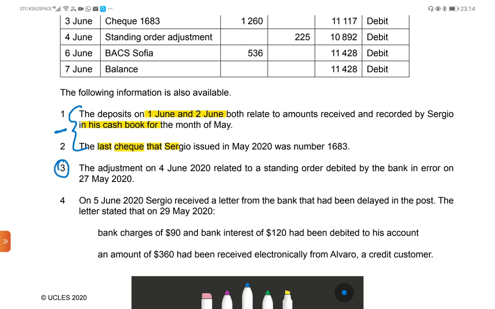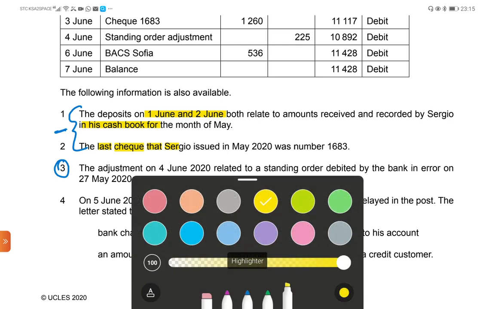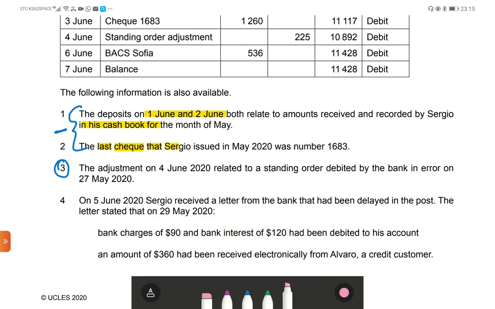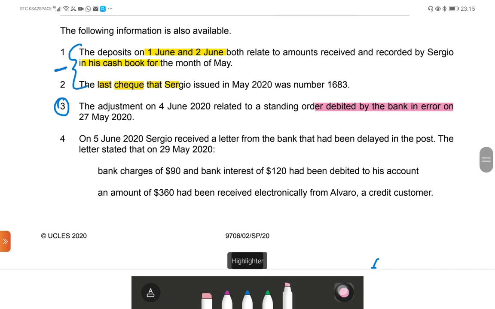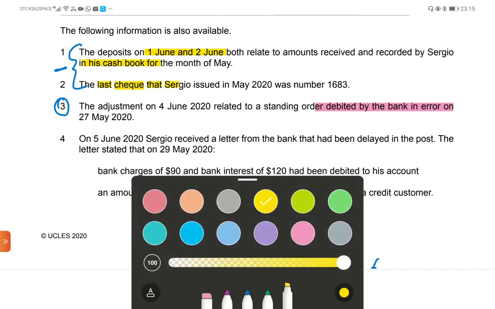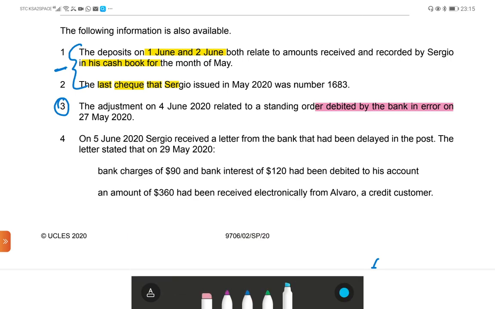Next, the third one, the adjustment of 4th June 2020 related to a standing order debited by the bank in error. This is a bank statement error. Before we start the bank reconciliation statement, we have to correct the bank statement error. Next, fourth, on 5th June 2020, Sergio received a letter from the bank that had been delayed in the post.